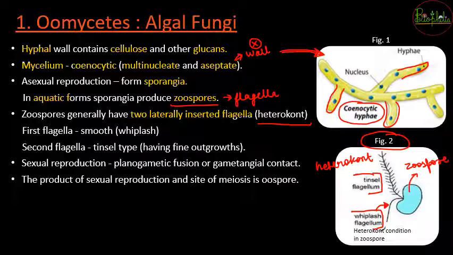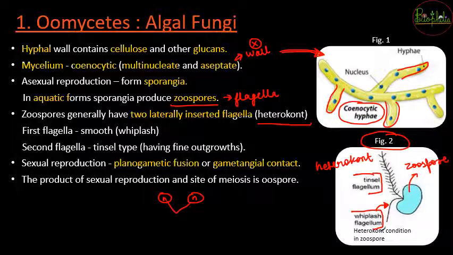Now how does sexual reproduction occur in Oomycetes? It can occur by planogametic fusion, which we have discussed in the previous slides, or it can occur by gametangial contact. Whatever product is formed after the sexual reproduction is going to be the site for meiosis, because in sexual reproduction there are two gametes or two hyphae coming together. One hypha is haploid, the second hypha is haploid.